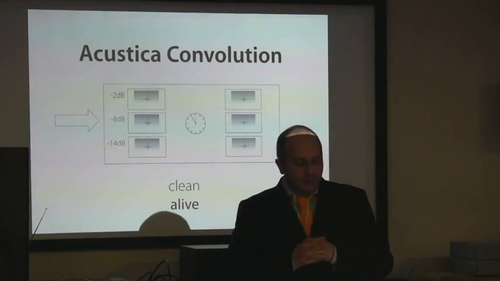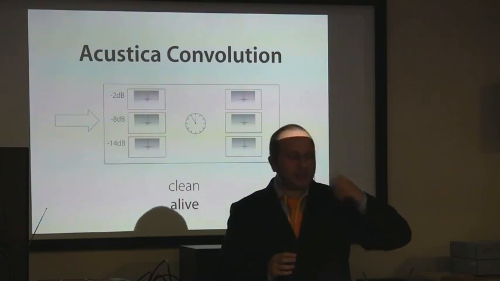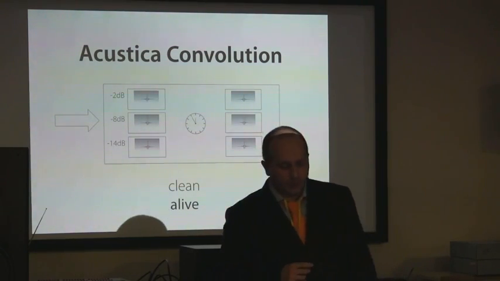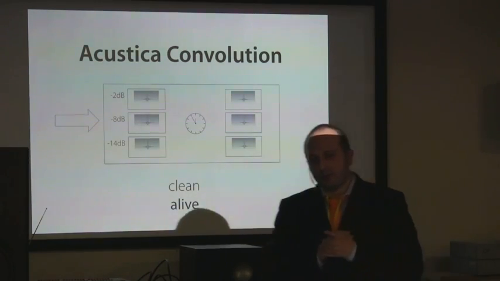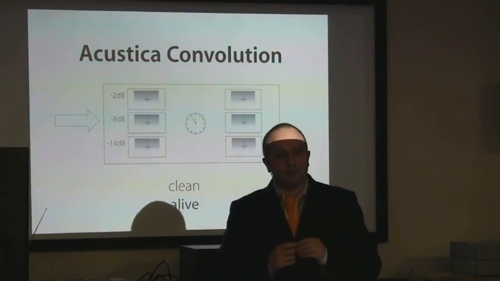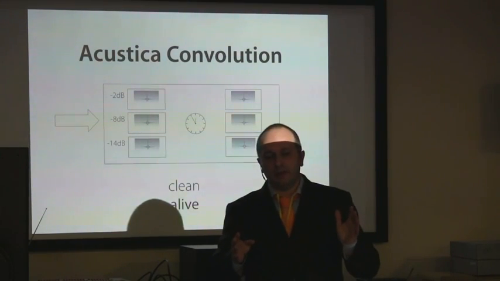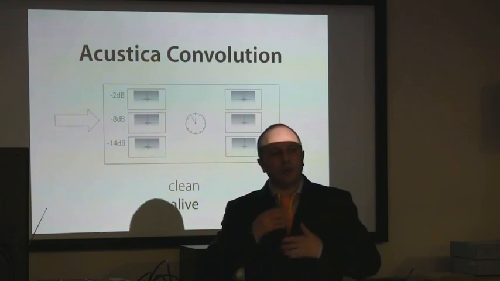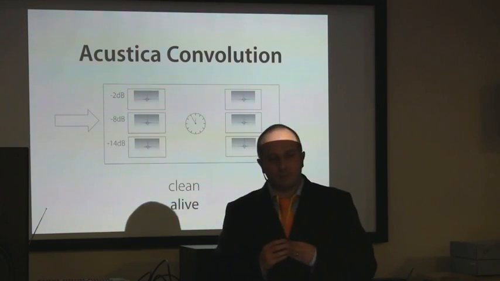As you can see, the picture is similar to the previous one, but there is a timer inside. We are not doing this selection of the response for each incoming sample, but we are working in blocks. We are trying to get a sort of context switching, but not for each incoming sample.